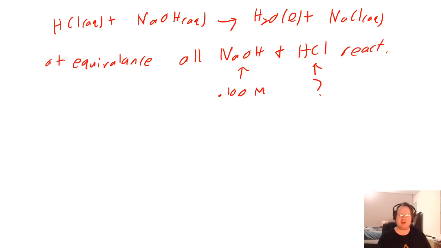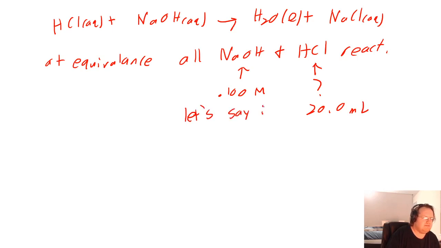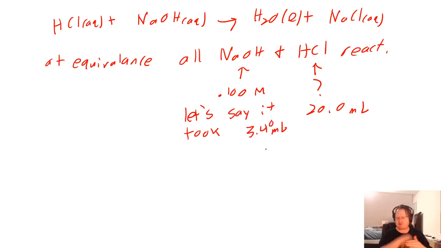So what you'll do is measure how much NaOH you need to add, because we know we have 20 milliliters of HCl. Let's say for our problem, it took 3.4 milliliters to neutralize it. That's when we get the color change. If you were doing this in a lab, you're adding it a drop at a time.